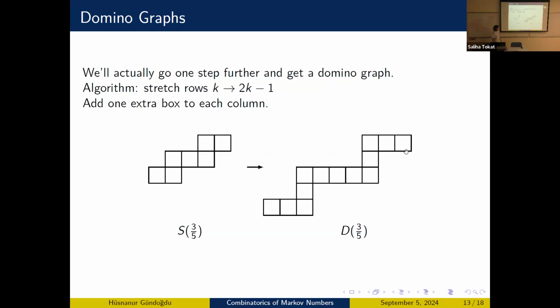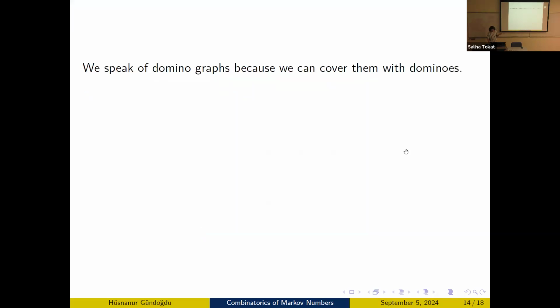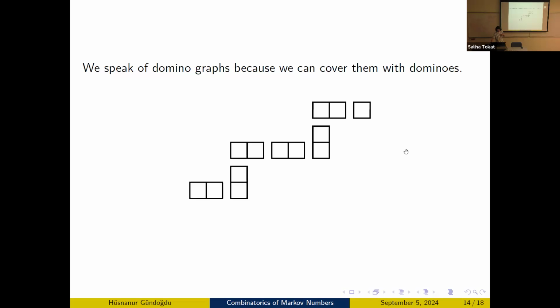For 2/5, we have a domino graph like this. We try to calculate perfect matchings of domino graphs, but first I have to say why I speak of domino graphs: because you can cover them with dominoes. The coloring of the domino graph of 3/5 is like that.